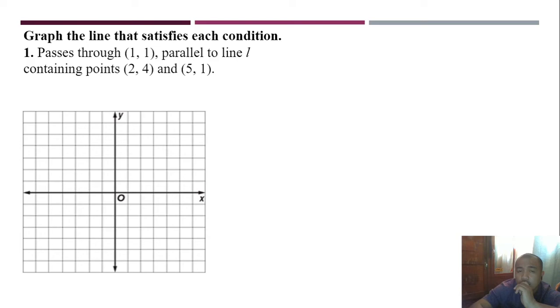Next, graph the line that satisfies each condition. Passes through 1, 1, parallel to line L containing points 2, 4, and 5, 1. Okay, first let us plot the points 2, 4, and 5, 1. The slope is 1, 2, 3 all over 3, but it's -1. -1 is the slope.